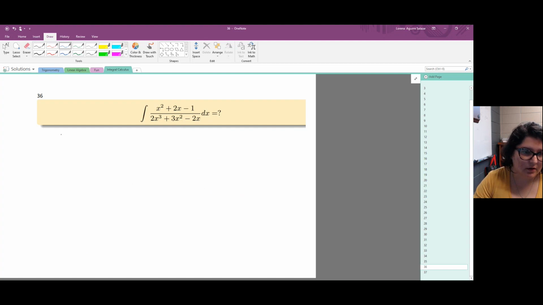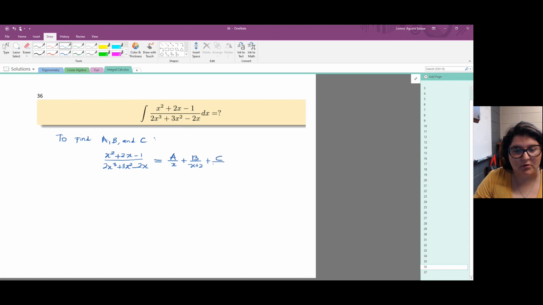Now to find a, b, and c, we impose that x squared plus 2x minus 1 over 2x cubed plus 3x squared minus 2x be equal to the addition of those three terms that we saw before: a over x, b over x plus 2, and c over 2x minus 1.